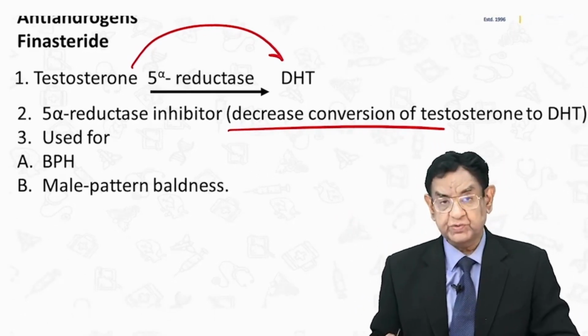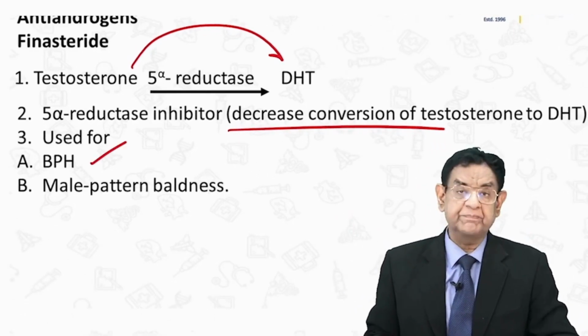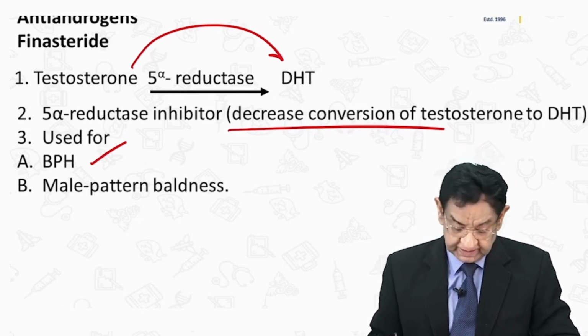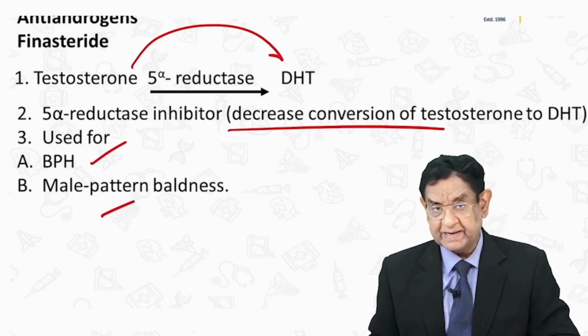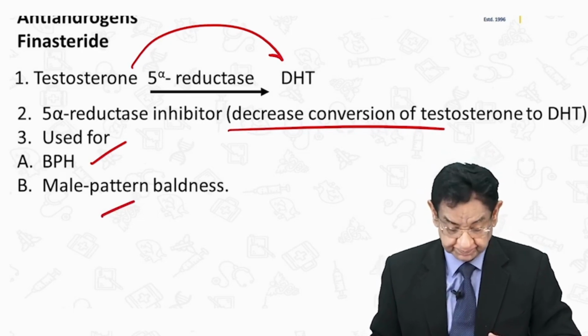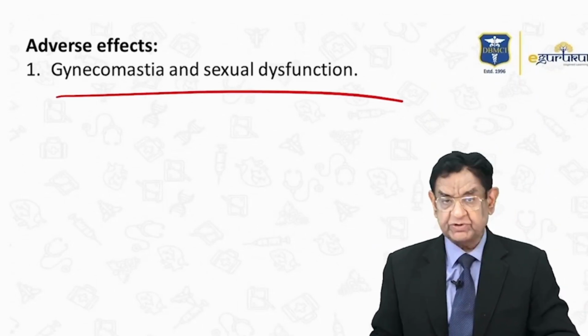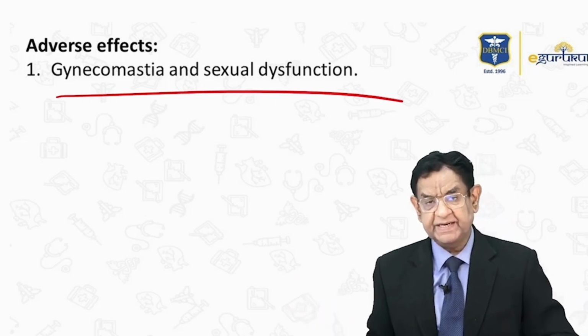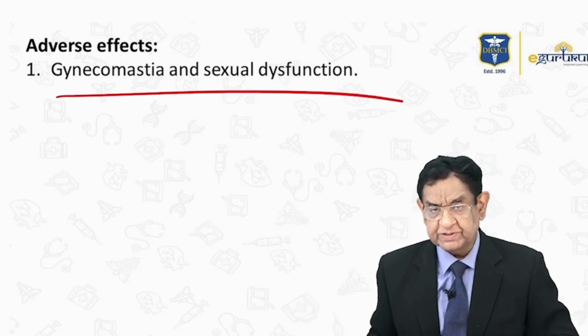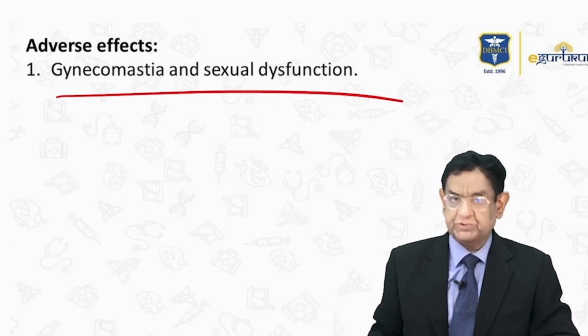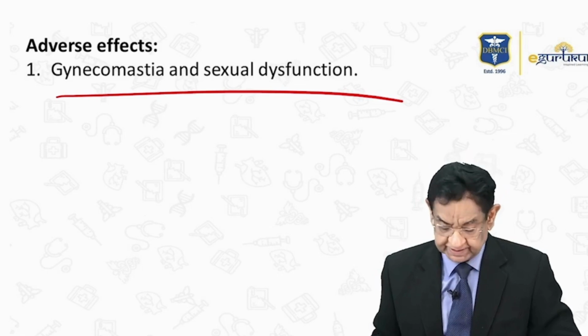Where we use: for benign prostatic hypertrophy, and we also use in male pattern baldness. Adverse effects are gynecomastia and sexual dysfunction. Definitely it is an anti-androgenic effect, so definitely going to cause increased estrogenic effect, that is gynecomastia.